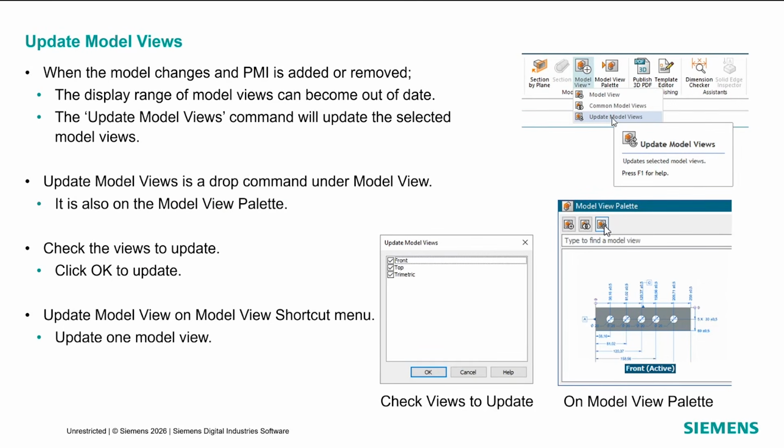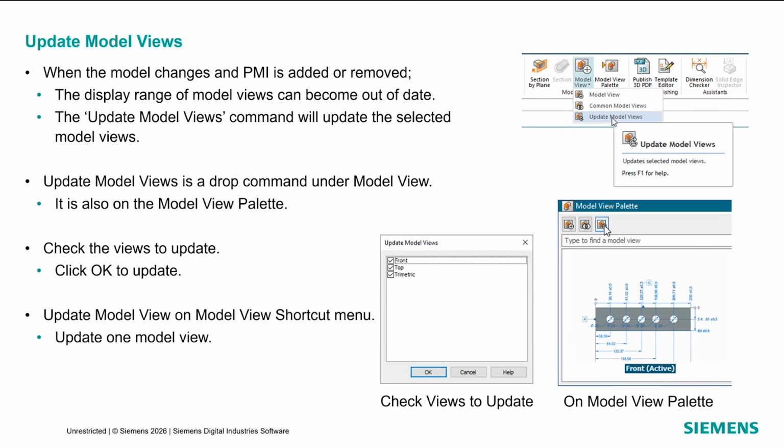And sometimes when you make some changes to your model views, the model views go out of range. Now, per se, since the new workflow of modifying the model views is the fact that we make the model view active, the model view automatically gets changed with all the changes that you are applying to it.